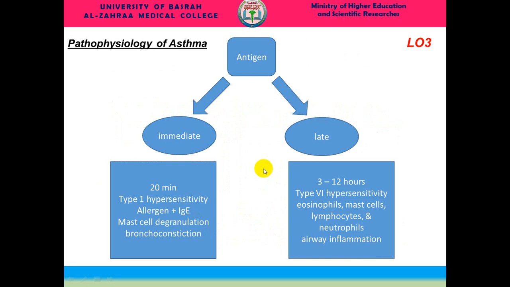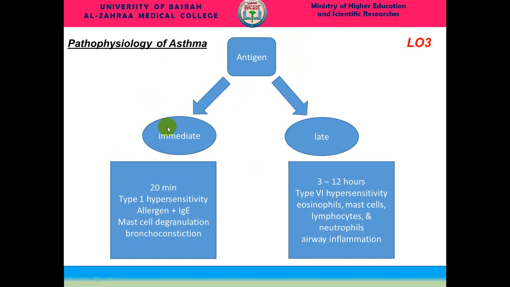And if you remember from the lecture of asthma in the respiratory module, whenever a patient who is susceptible to have asthma is exposed to the allergen or the antigen, we will have two types of responses.